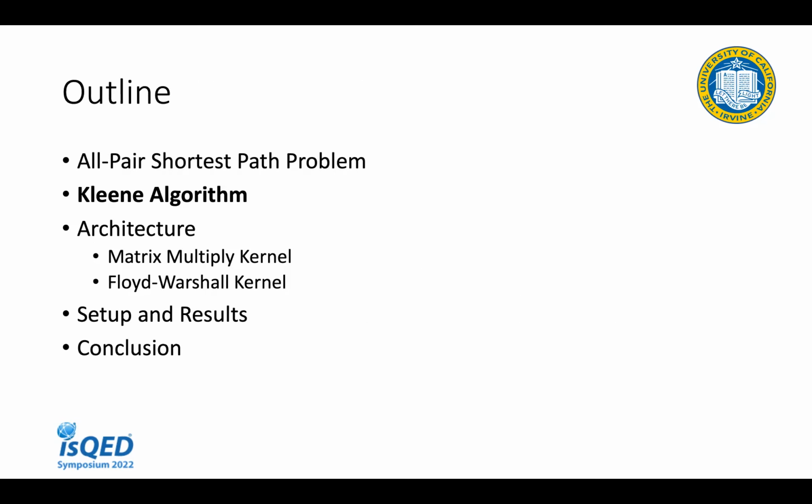We've chosen the Kleene algorithm because it has allowed us to replace most of the sequential computation with multiple matrix multiplications, which can be done in a highly parallel fashion.